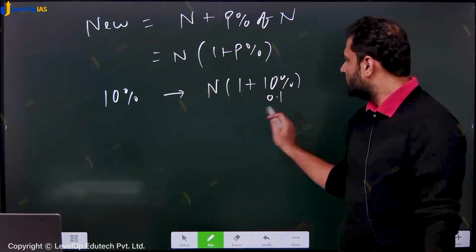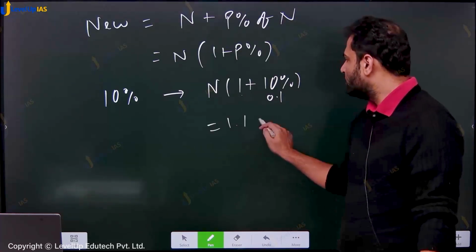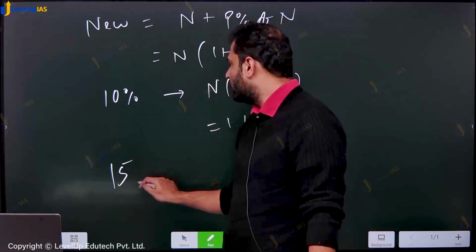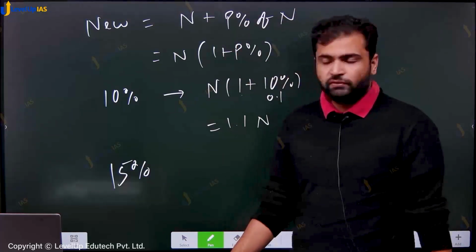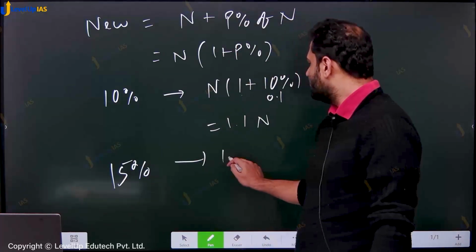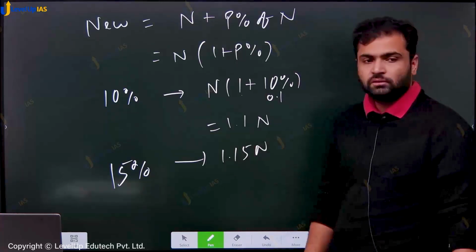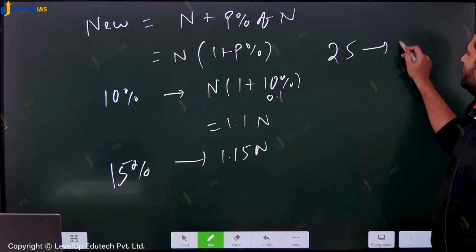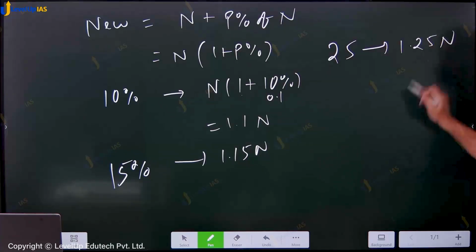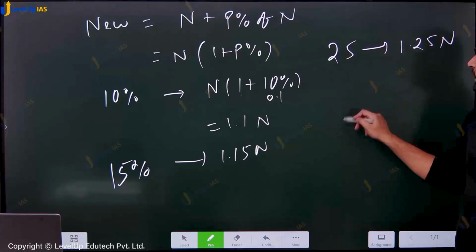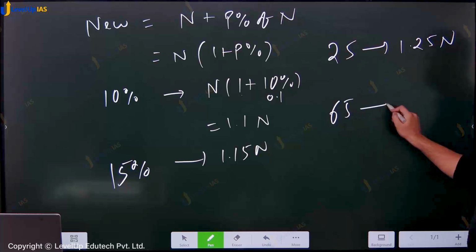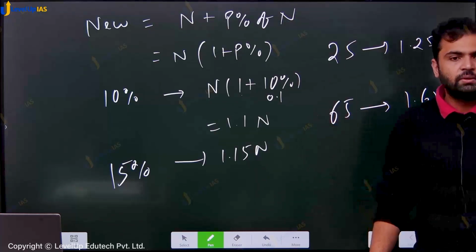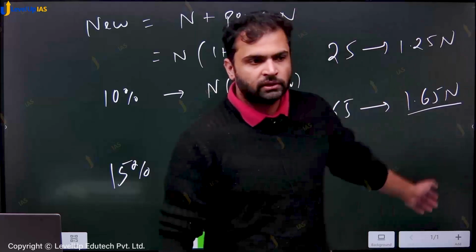So 1 plus 0.1, the number becomes 1.1 times n. If we have increased by 15%, then the number becomes 1.15 times n. If increased by 25%, it becomes 1.25 times n. If increased by 65%, then we have 1.65 times n, and so on. The number will increase by that fraction.